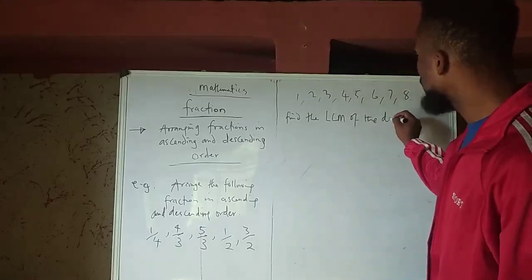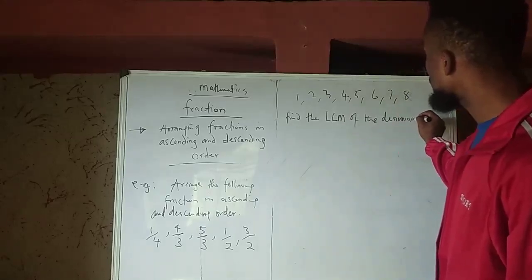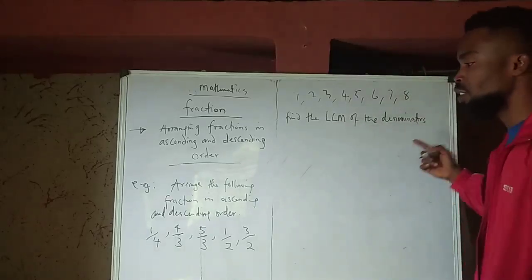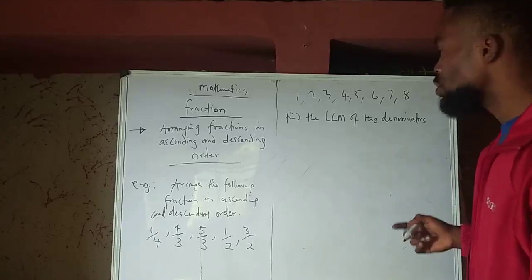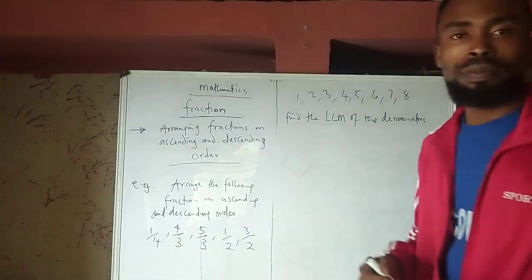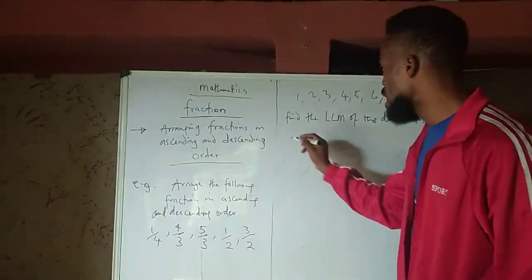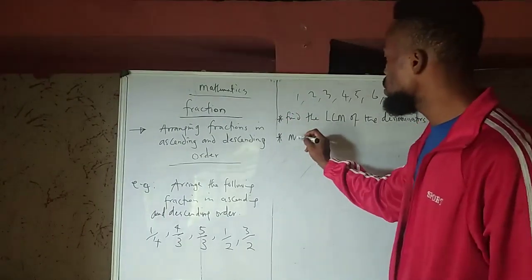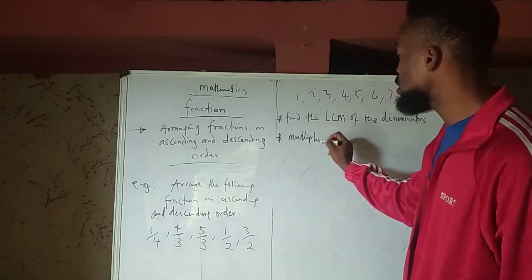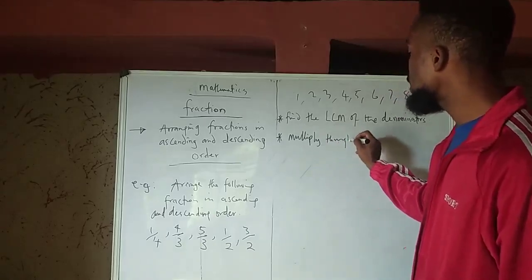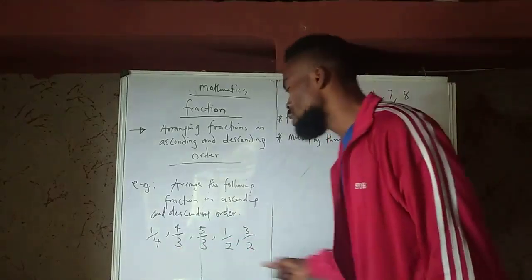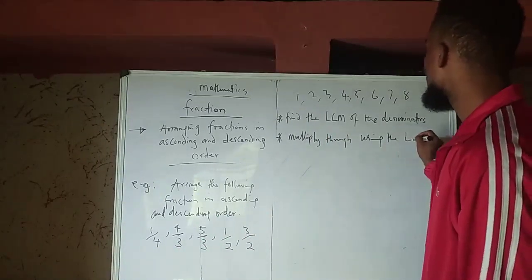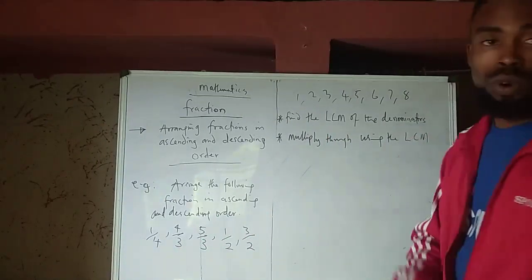Once we have that, the next thing we are going to do is multiply through using the LCM. So we multiply each of the fractions here with the LCM, which is 12.